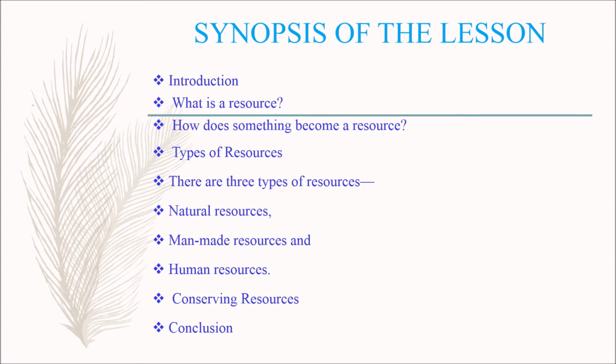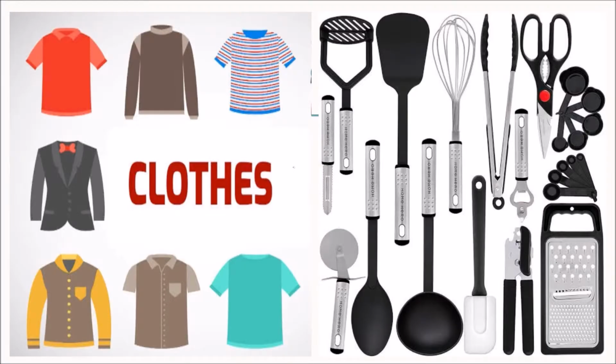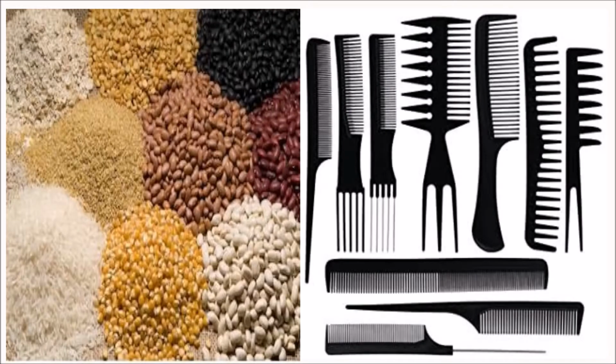There are three types of resources: natural resources, man-made resources and human resources. Then we have conserving resources. Finally, we have the conclusion.